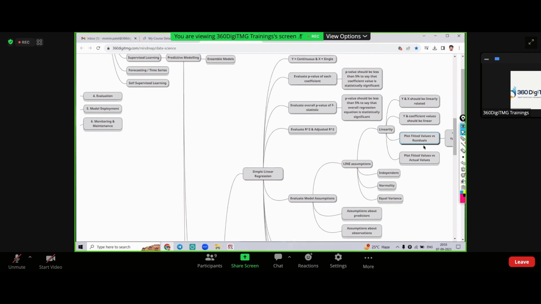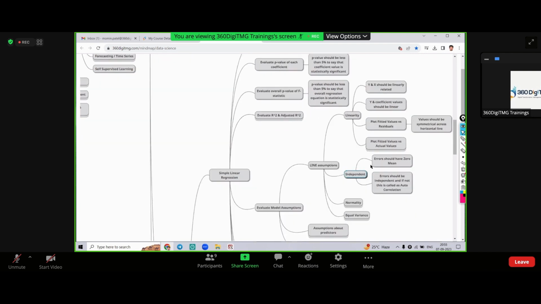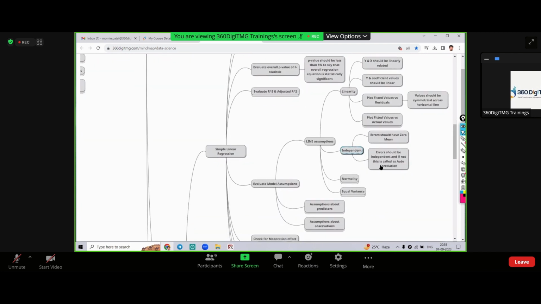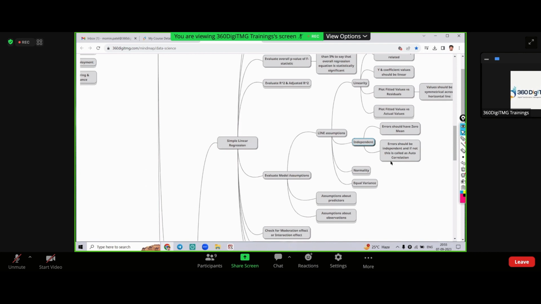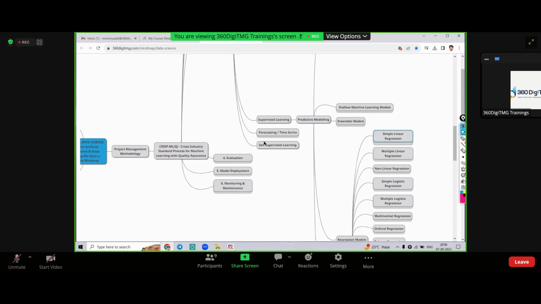Then you will have residuals plotted versus fitted values. We will discuss these things also. The other assumptions are independence, normality, and equal variance. Errors should be independent of each other. So let me open this for linear regression.